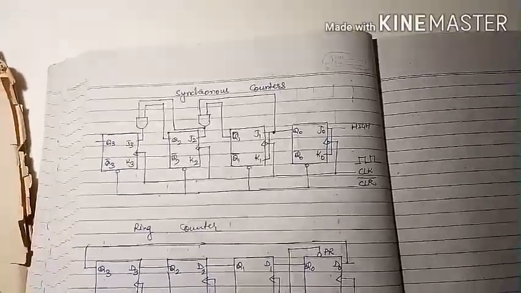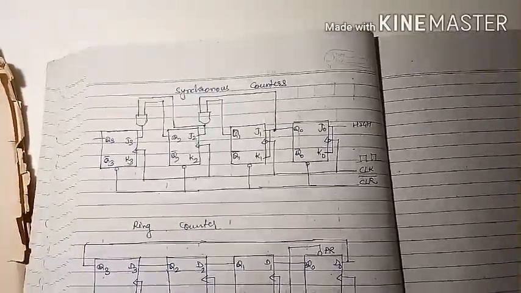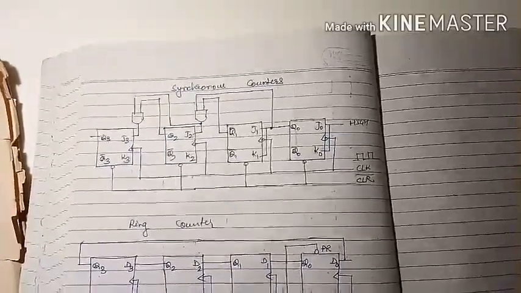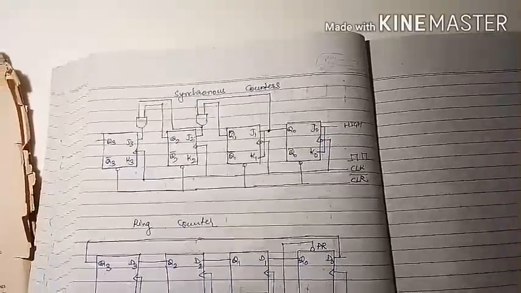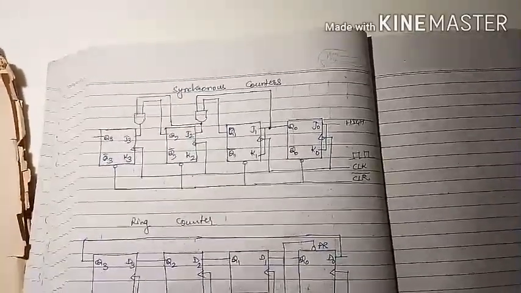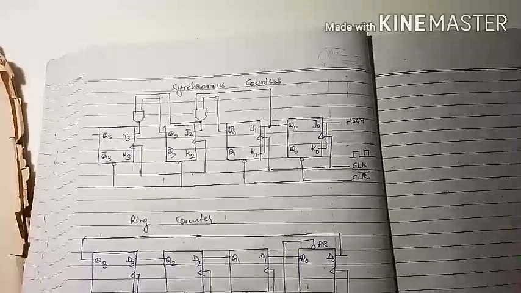Since Q0 is 1, the Q1 flip-flop is conditioned to toggle on the next positive clock. So it becomes 0 0 1 0. With the third positive clock, it becomes 0 0 1 1.